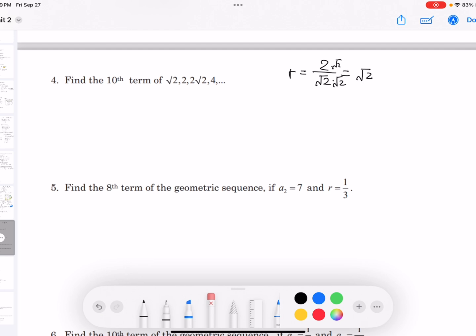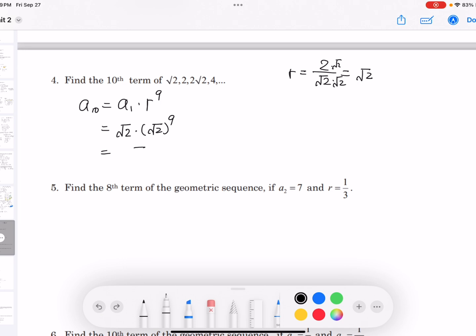What is the a sub 10? A sub 10 is equal to a sub 1 times r to the 9th power. It is square root of 2 times square root of 2 to the 9th. And we can combine these two together because this is square root of 2 to the first power times square root of 2 to the 9th.